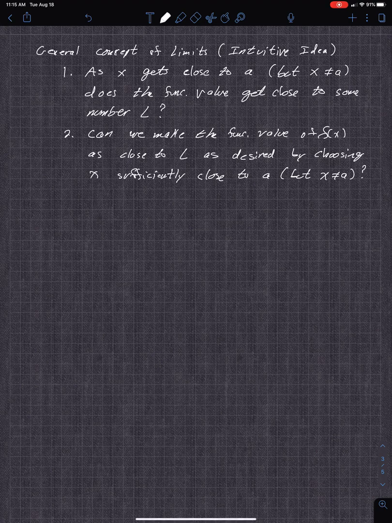Okay, that's the question. Let me read that again, because this is more of how we'll write the definition. Can we make the function value of f as close to L as desired by choosing x sufficiently close to a? That's the direction of the logic, if you will, of what we're going to look for.